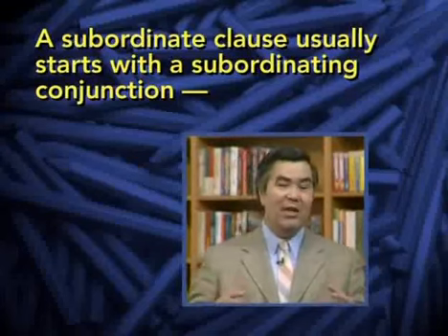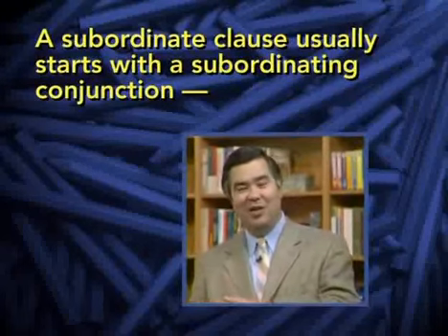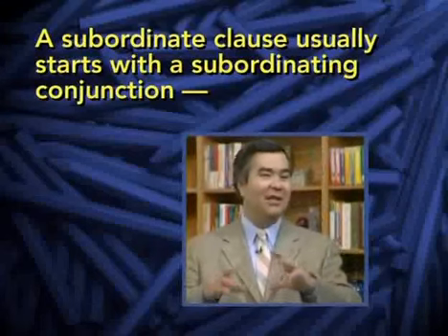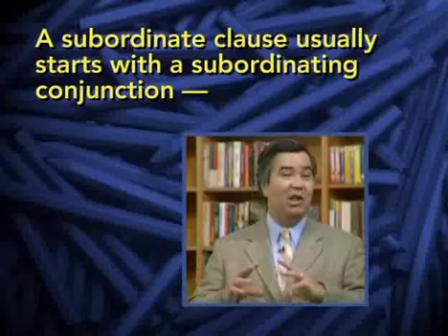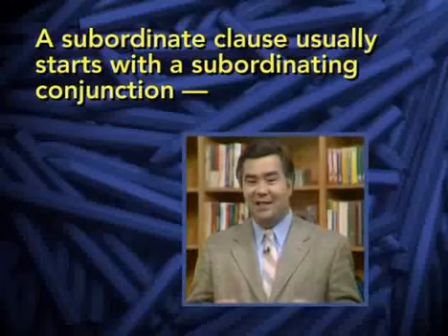So a subordinating conjunction is a word that connects the subordinate clause to the rest of the sentence and makes the subordinate clause less important. Because the subordinating conjunction is present, the subordinate clause can't stand alone as a sentence.